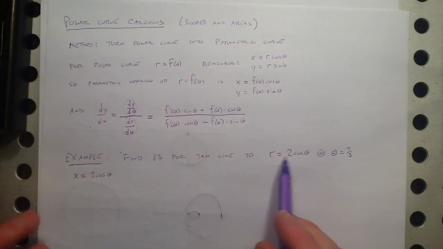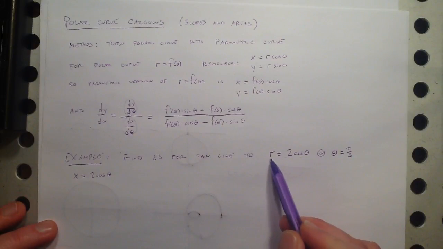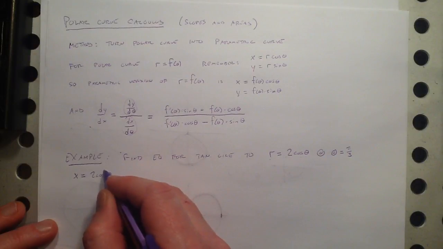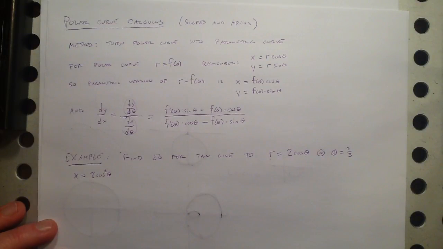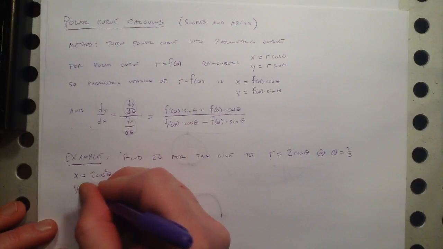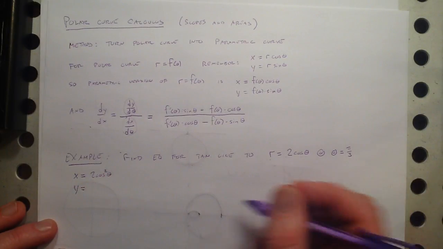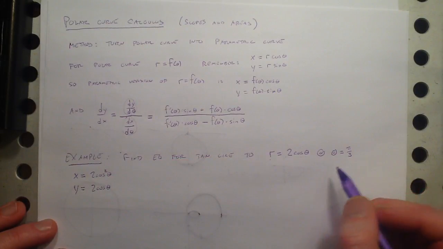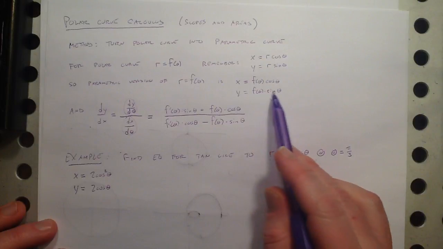And so if you wanted to write that out, you could write it's r, which is this, times cosine theta. So there's another cosine theta. So are you okay with that? Right? That's what the x would be. And then y is equal to r, 2 cosine theta, times sine theta.